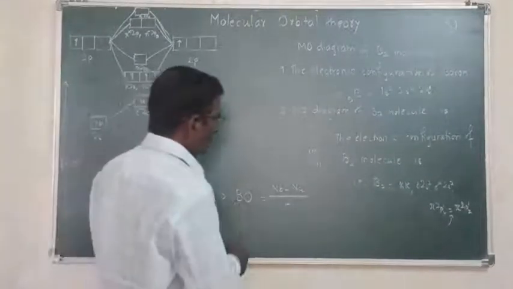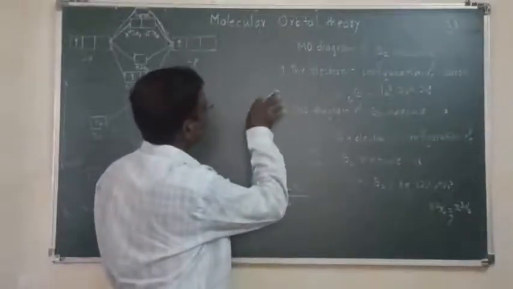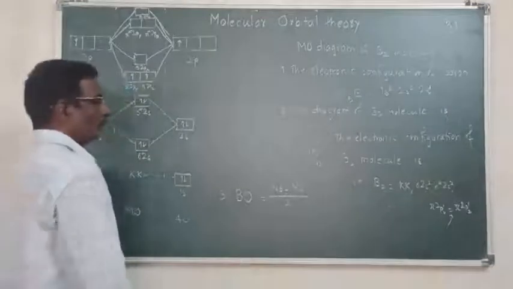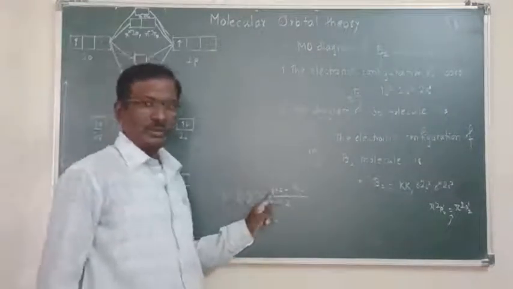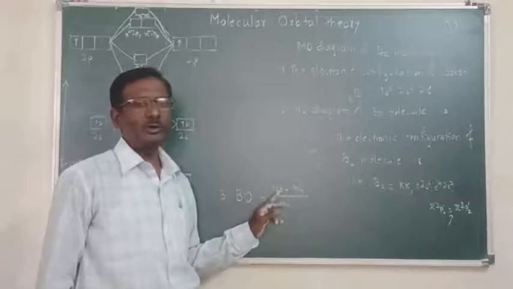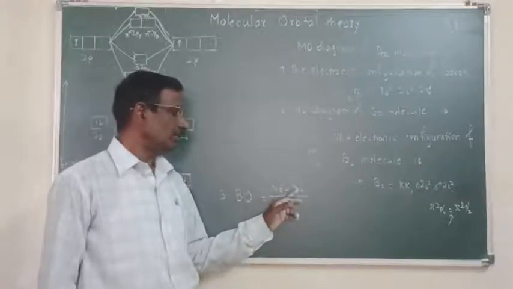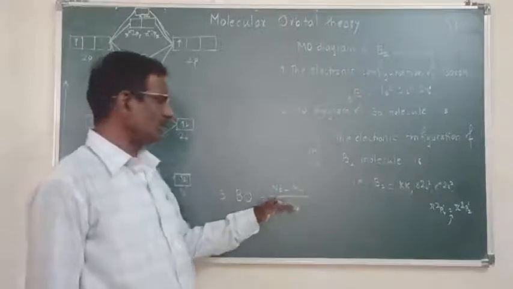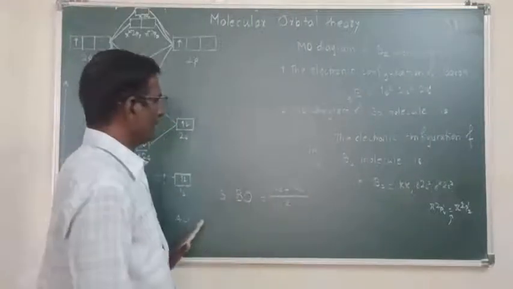BO means bond order of B2 molecule is Nb minus Na upon 2. Nb means number of electrons present in bonding molecular orbitals minus number of electrons present in antibonding molecular orbitals, divided by 2, and this ratio is called bond order.